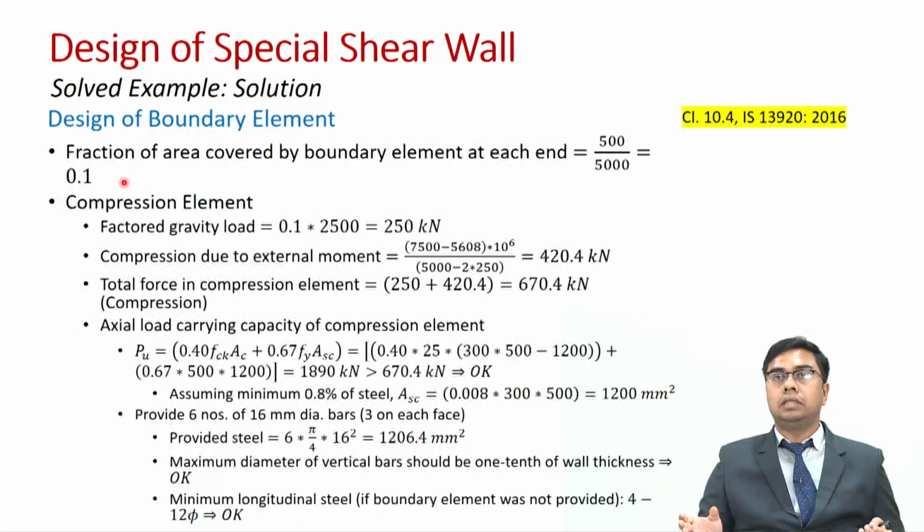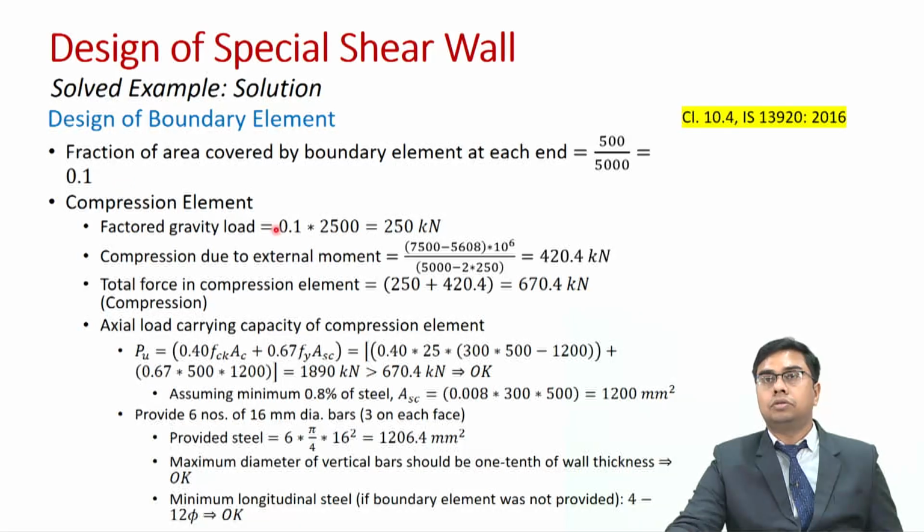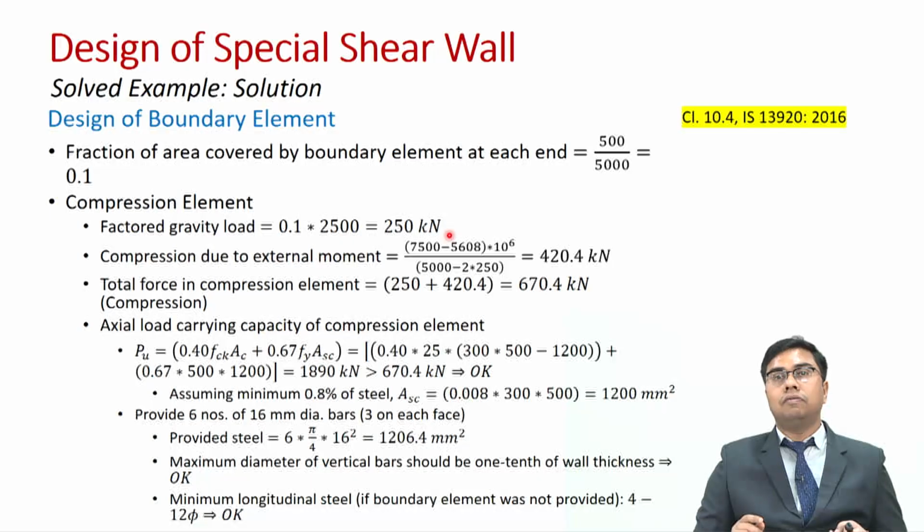It will be 0.1 times 2500, that is 250 kilonewton. How did we calculate? Since the design axial force was 2500 kilonewton and this boundary element is covering 10% of the wall, the factored gravity load carried by the boundary element will also be 10% of the total factored axial force. So it is 250 kilonewton.